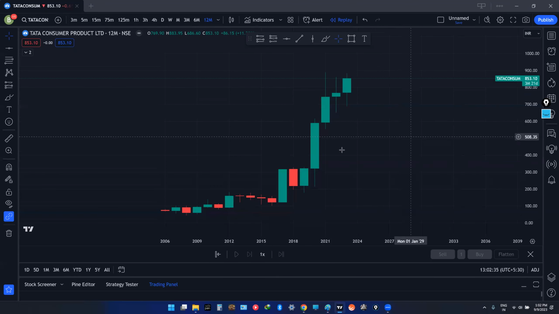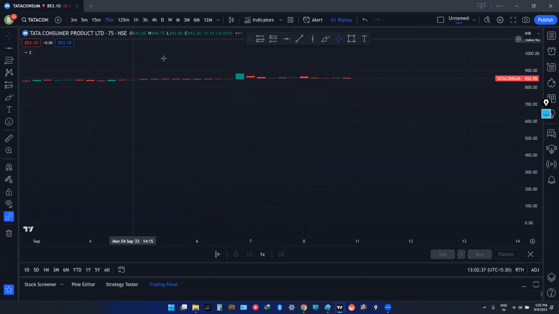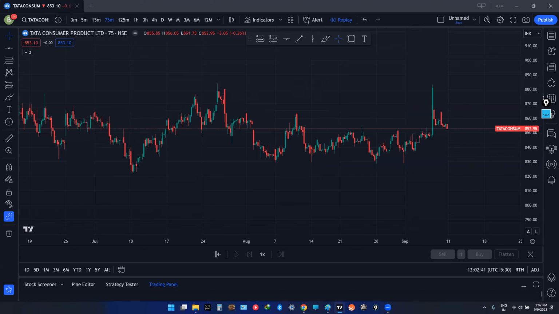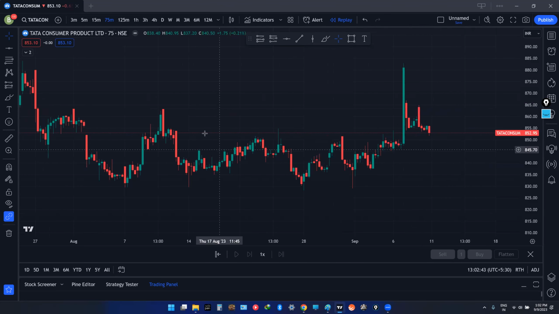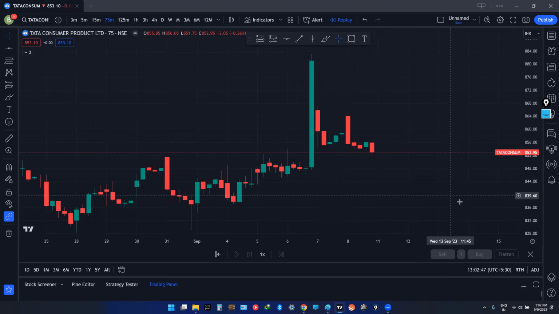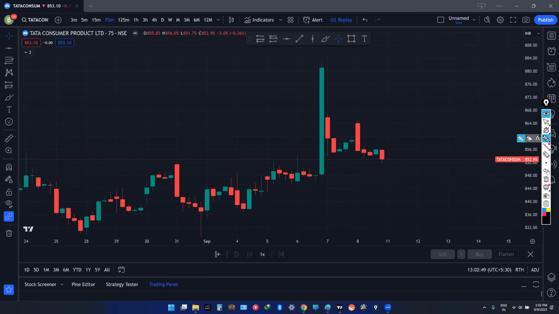Anywhere if you see, this logic applies in any time frame. This is the 75-minute time frame. If you see here, let me zoom in. You can pick a candle from any point. Suppose I'm picking from here. A big red candle, small candles, a big green candle compared to this.